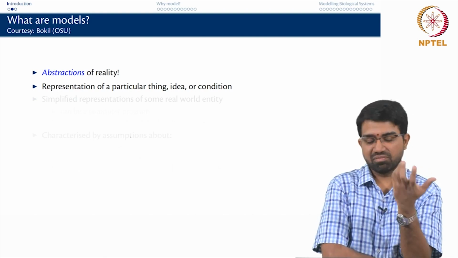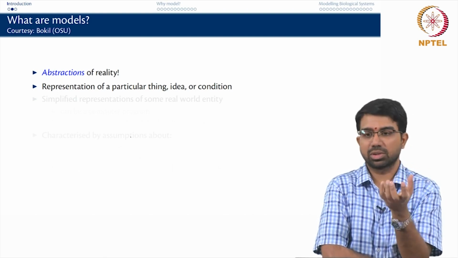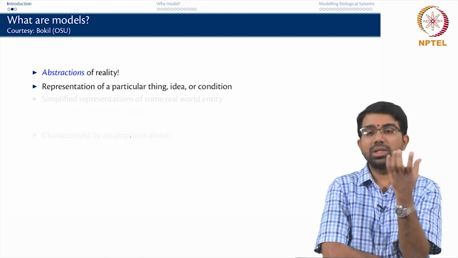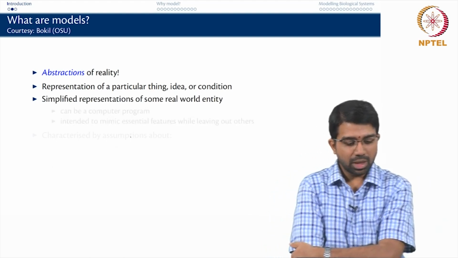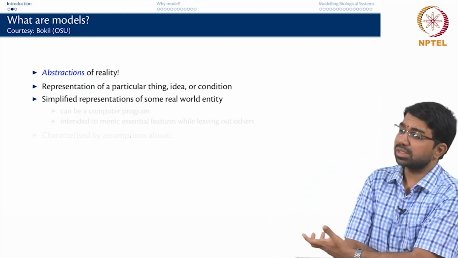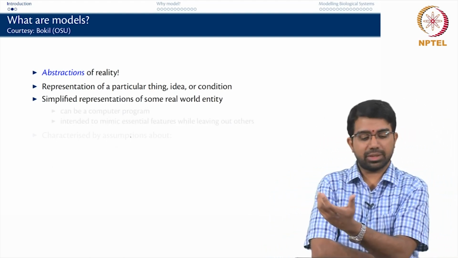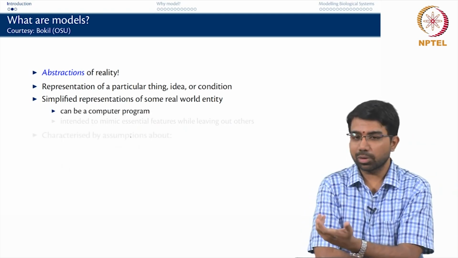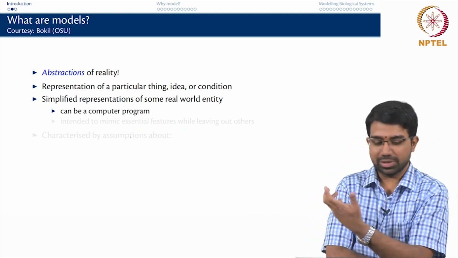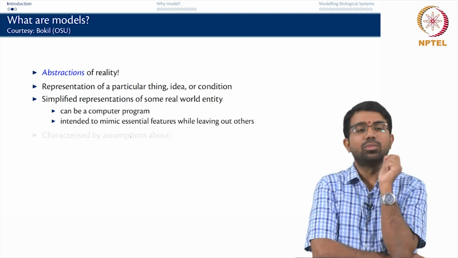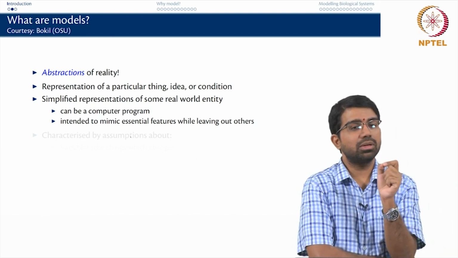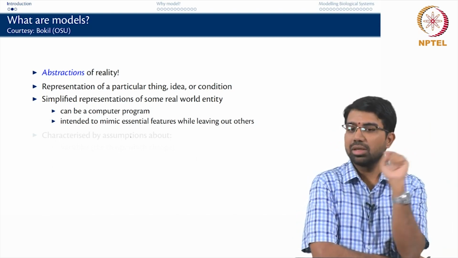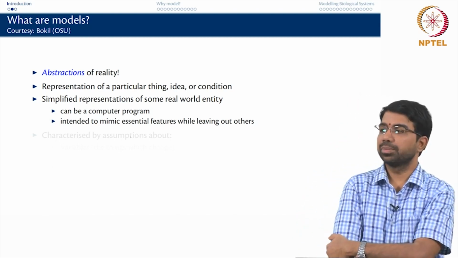You can have correlational models and so on, which do not truly have a solid mathematical foundation, and they are simplified representations of some real world entity. It can also be a program, which is what we will often see, and most important, it intends to mimic essential features of the system while not looking at several other features.